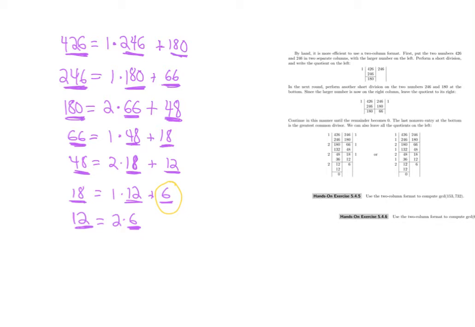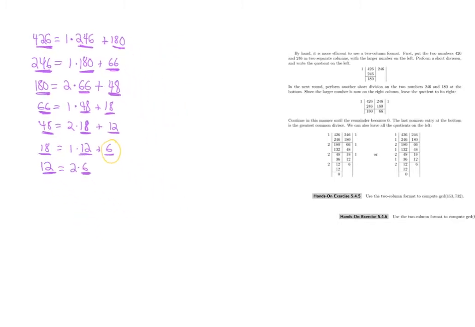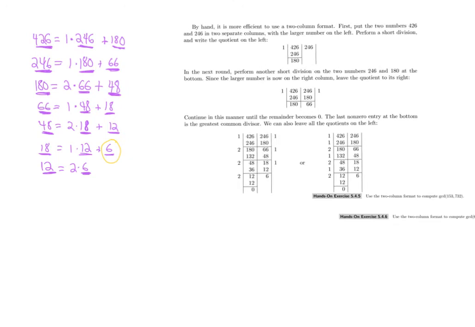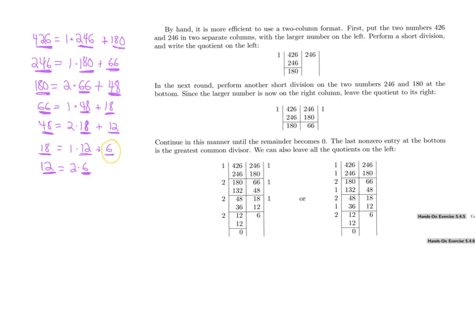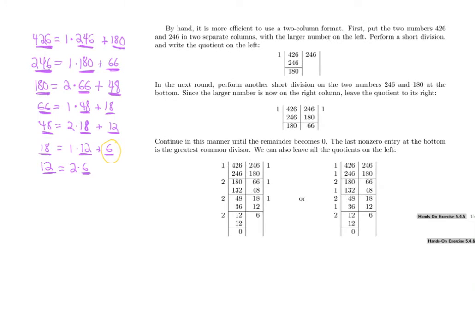Now let's compare what we just did here with this 2-column format that the textbook uses. So let's shrink this a little bit and focus more on this. Okay, so let's try to understand how this 2-column format in the textbook relates to what was done over here, the traditional version of the Euclidean algorithm.